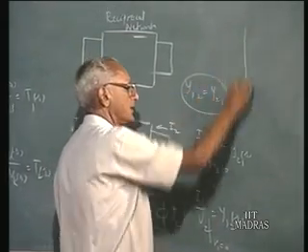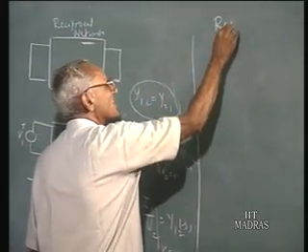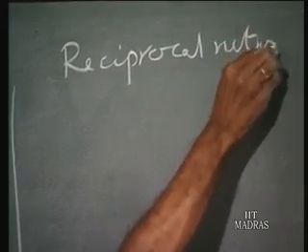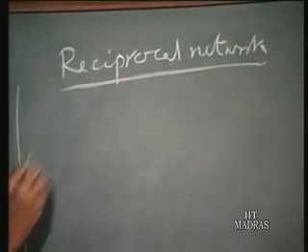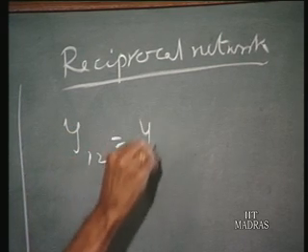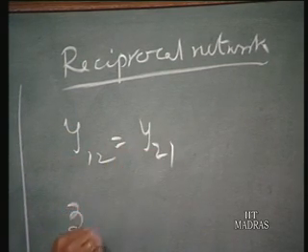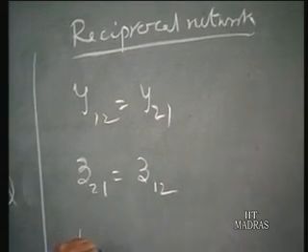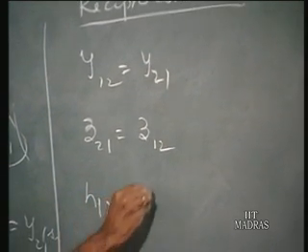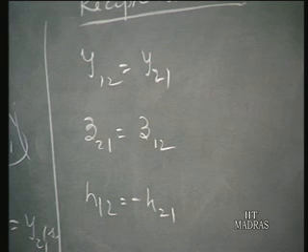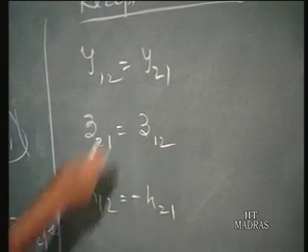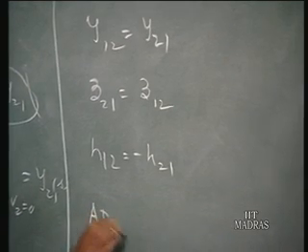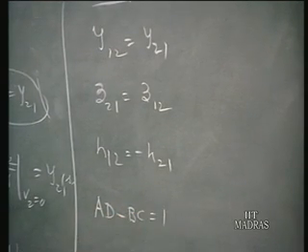Similarly, it can be shown that for a reciprocal network, that means if the 2-port is reciprocal, of course, we know that Y12 is equal to Y21. Similarly, it can be shown that Z21 is equal to Z12, and it can be shown that H12 equals minus H21. Again, H12 and H21 can be expressed in terms of Z parameters, and this can be shown. And similarly, AD minus BC for a reciprocal network is equal to 1.